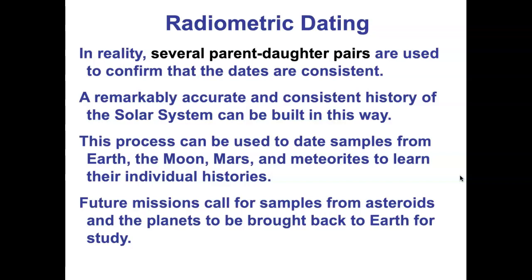Not much else. So a lot of work right now, and for the next many years, is going to be, let's get rock samples from elsewhere in the solar system, from asteroids, from other planets, from comets. Get samples so that we can calculate the different ages and get a much clearer idea of how old everything is in the solar system, to get a sense of the order of when things happened.